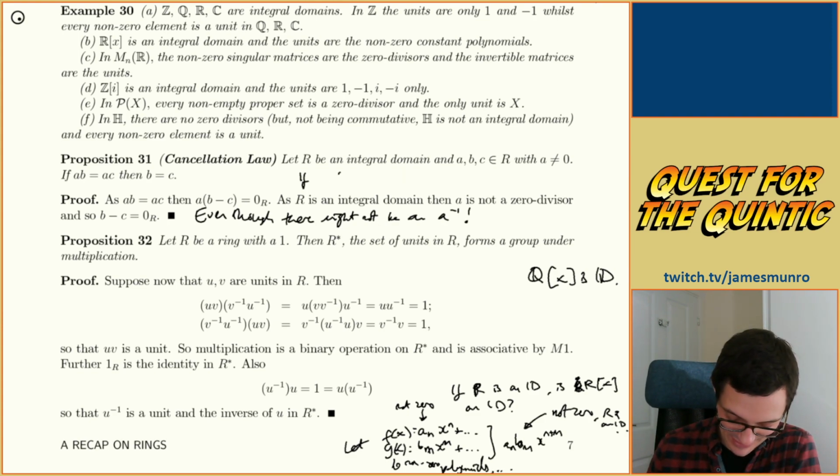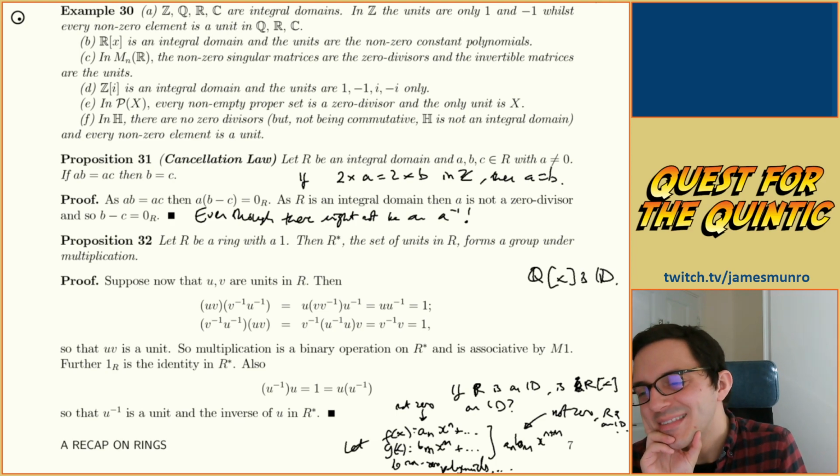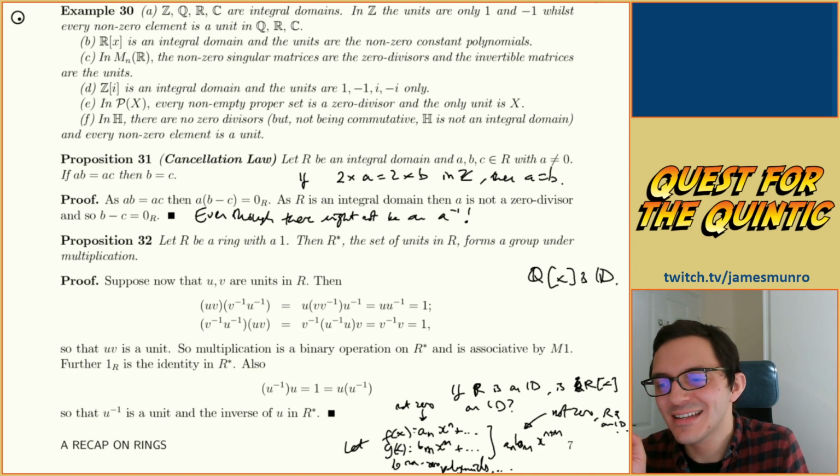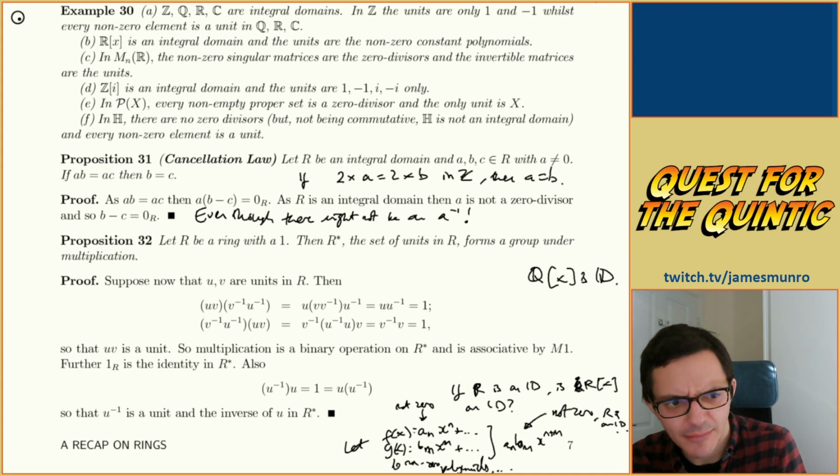Okay, if 2 times A equals 2 times B in Z, then A equals B, which is really, really stupid, sorry. And there are 2 ways to prove that stupid fact. One is to just divide by 2, but hey, what are you doing dividing by 2?